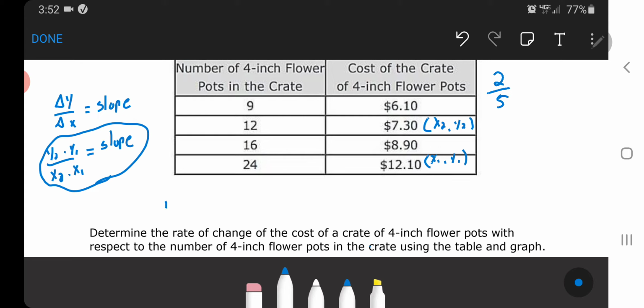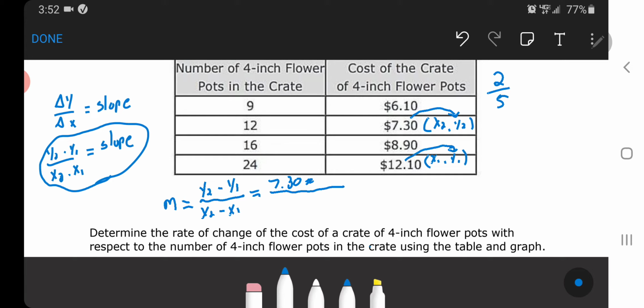So once again, m equals y2 minus y1 over x2 minus x1. Well, this time I'm letting my y2 be represented by $7.30 minus my y1, which this time I'm letting it be $12.10.